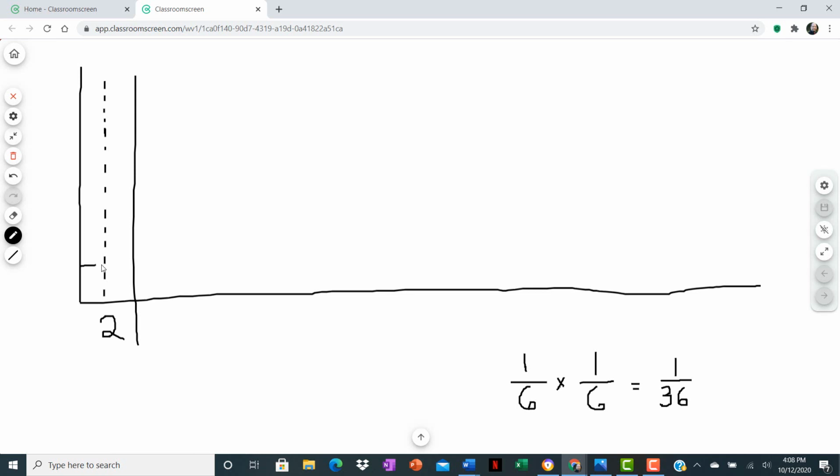So if we have a pair of dice, we actually have 2 slots here. Here's die number 1, here's die number 2. To get the lowest number possible, it's a 1 on one die and a 1 on the other. So that's the only way you can get a combination to equal 2 when you're rolling a pair of dice.